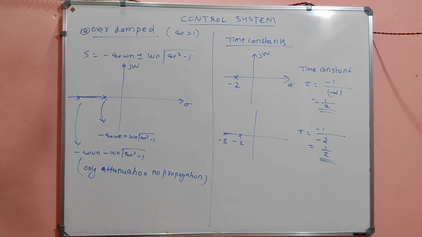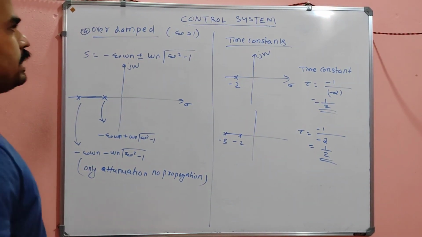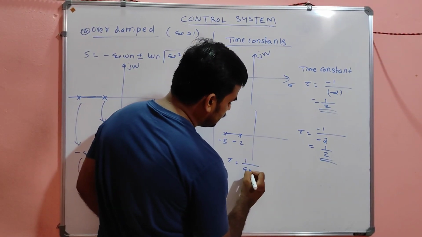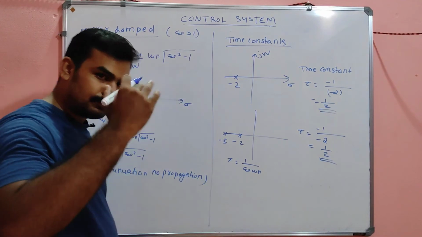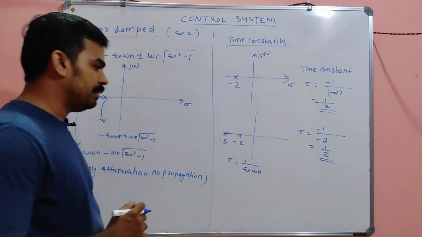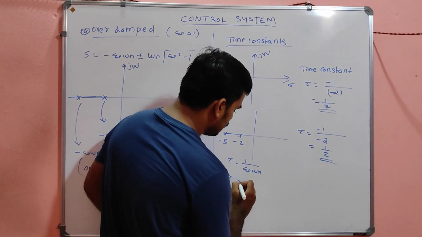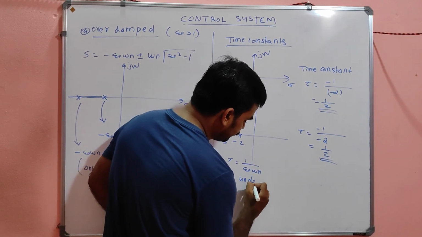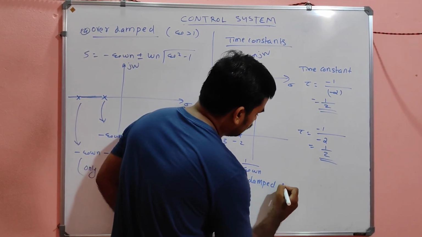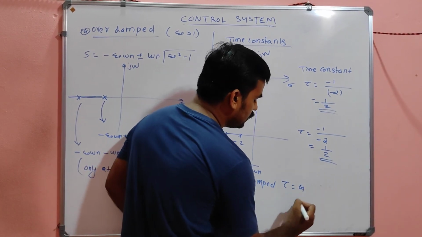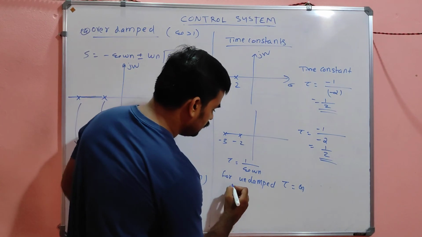Also I explained time constant tau is equal to 1 by theta omega n. Am I right? Previously I derived the expression 1 by theta omega n. So for undamped, tau will be equal to what? Undamped means theta is equal to 0, so it will be infinity.